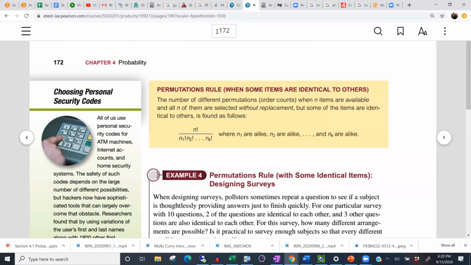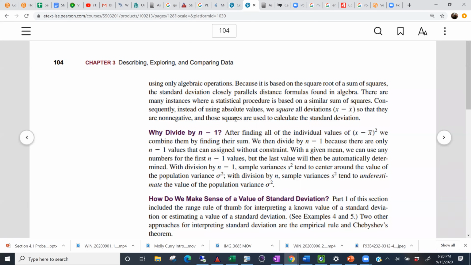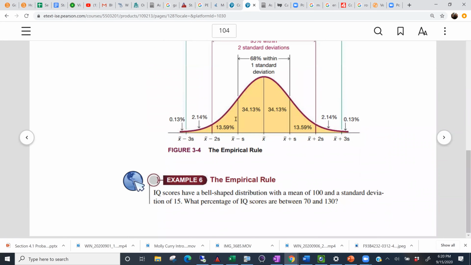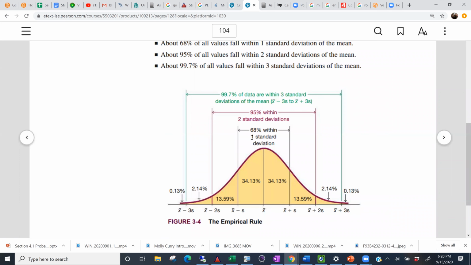The empirical rule talks about a normal distribution and how much data you can expect within so many standard deviations of the mean. So basically, within one standard deviation of the mean, you should expect 68% of your data.